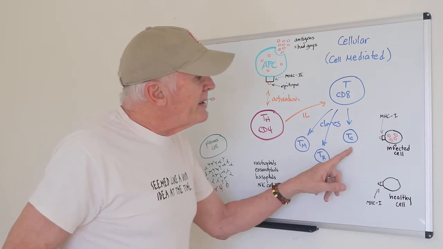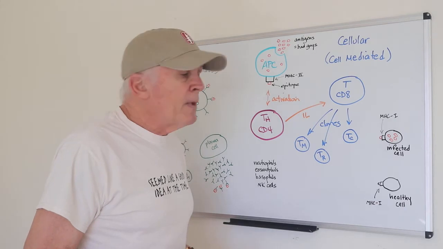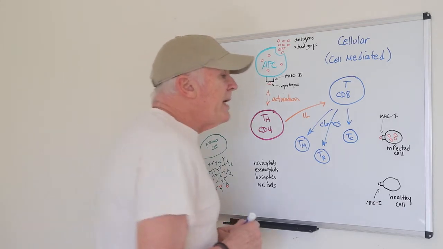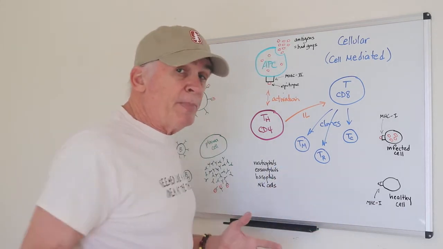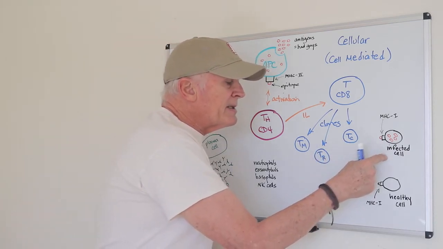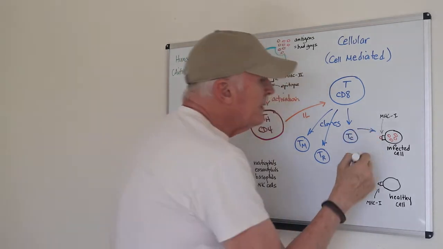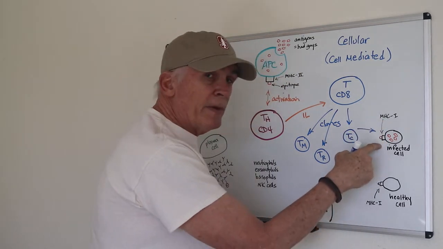And then the cytotoxic T cells, these are the killer cells. As they wander through the body, they're going to bump into other body cells. Every time they bump into a cell, they are going to read the MHC1 protein on that cell.